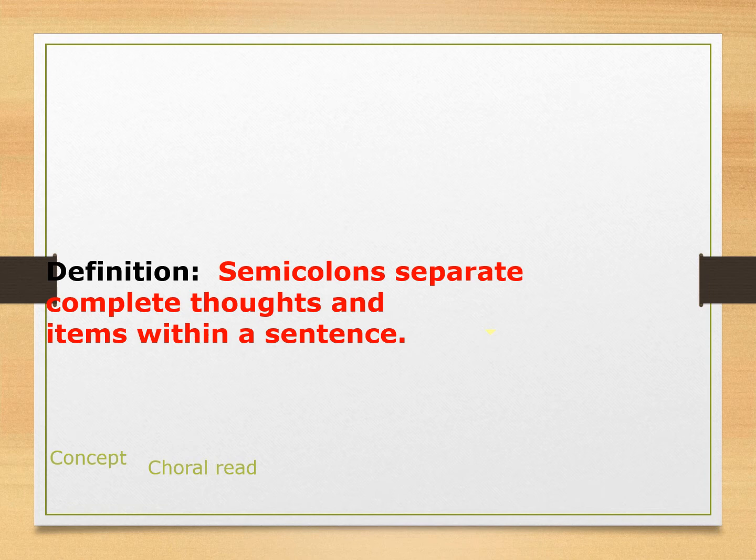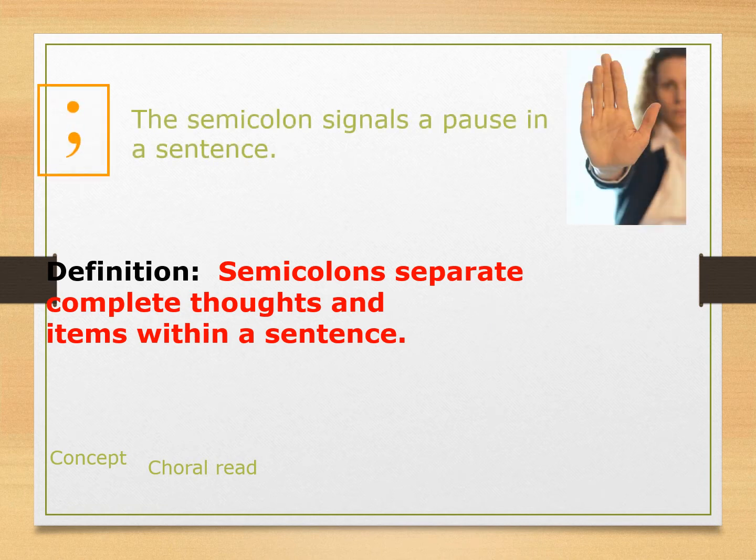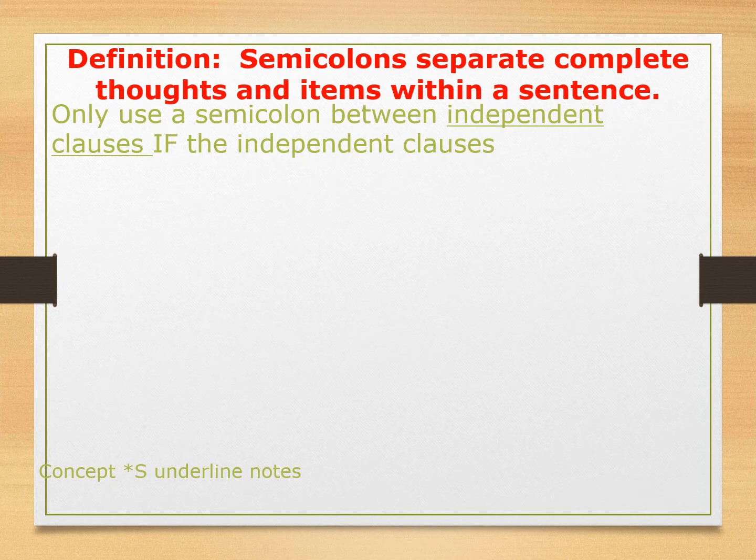The semicolon separates complete thoughts and items within a sentence. For example, the semicolon signals a pause in a sentence. A semicolon also separates complete thoughts and items within a sentence.